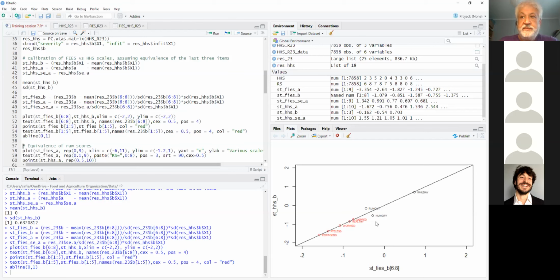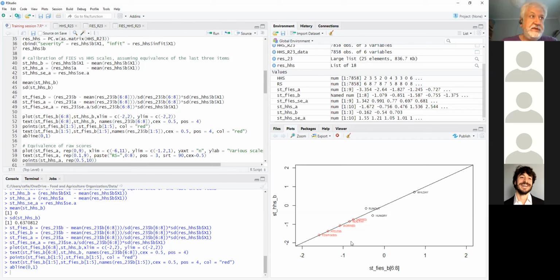And what is particularly interesting is that the whole day turns out to be quite more severe than the run out and hungry, which is a feature that is common to the FIES too.